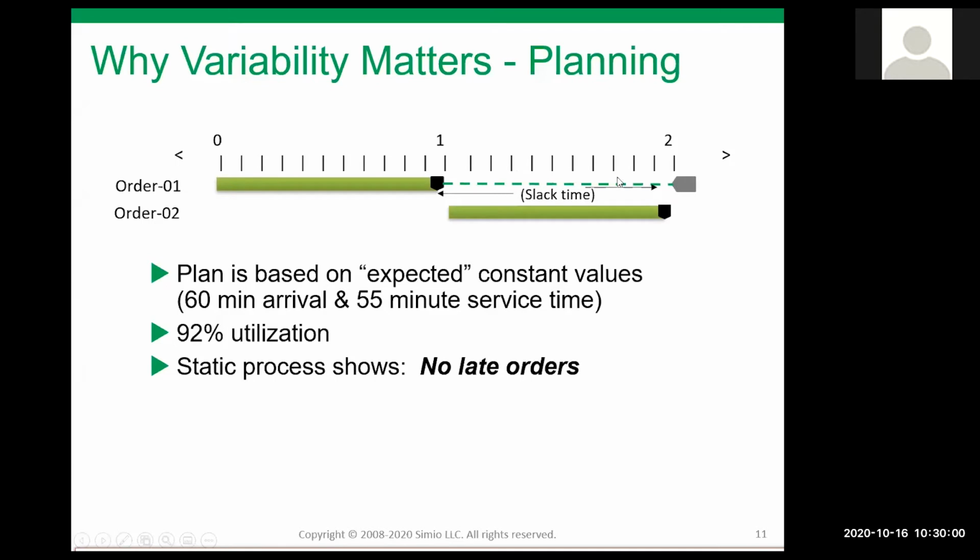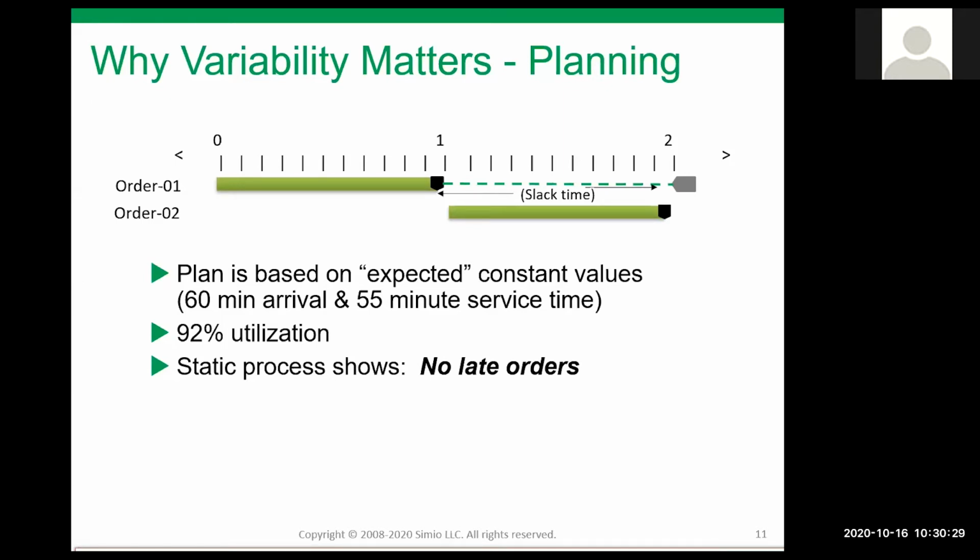So good system. Pretty much every scheduling product in the world does a deterministic look, which is what this is, constant service time, constant interarrival time, and tells me that I have 92% utilization and no late orders. So every scheduling product in the world would look at this and say, yeah, that's a good system, invest in it.